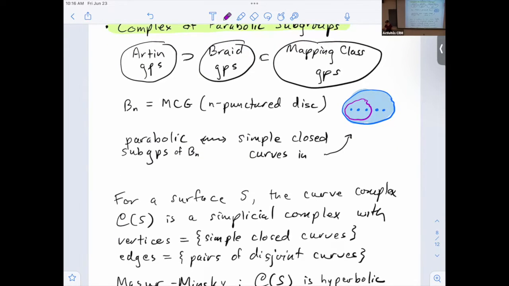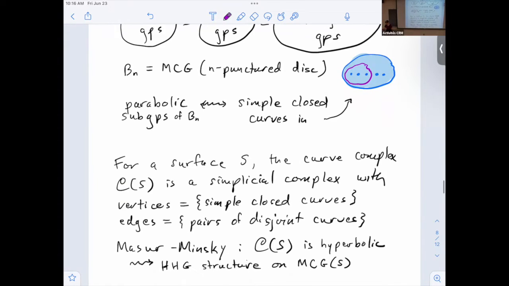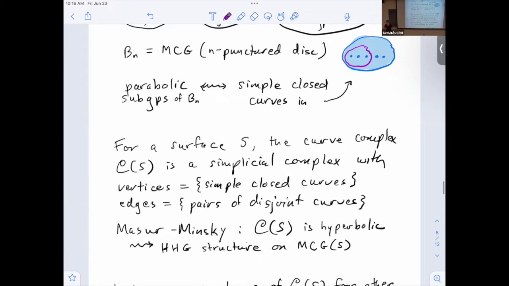So I told you what the curve complex is. I'm using script C S for the simplicial complex with vertices the simple closed curves, with edges between pairs of disjoint curves. Oh yeah, I forgot to say one more thing. Why is this curve complex so important in the mapping class group situation? Well, one reason is that it was proved by Masur and Minsky that the curve complex is hyperbolic.